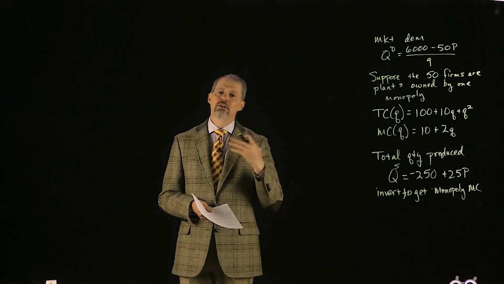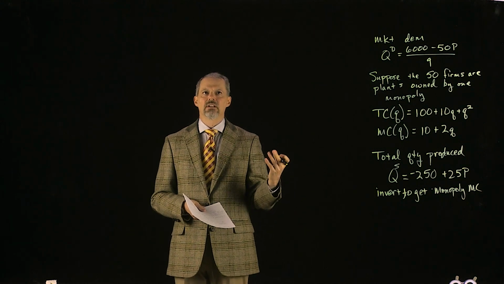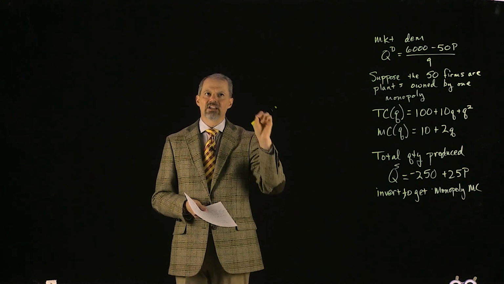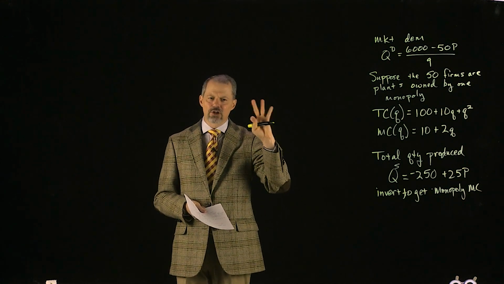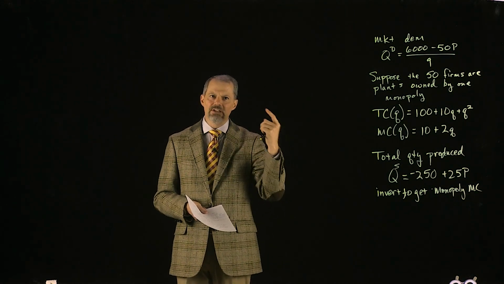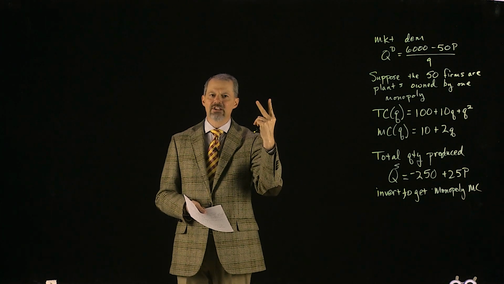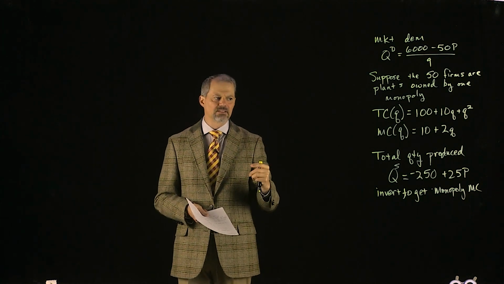A monopoly still makes a supply decision. It's just that you need 3 different curves to figure out the price and quantity. You need the marginal revenue and marginal cost to figure out quantity, and then you need the demand curve to figure out price.